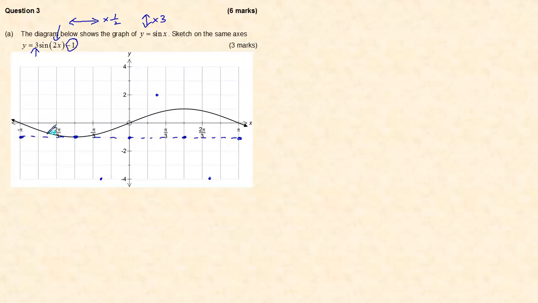And this one here must be up. So, it's going to look something like this. And we can see the period is pi. And then that's going to do the same sort of thing on the other side.